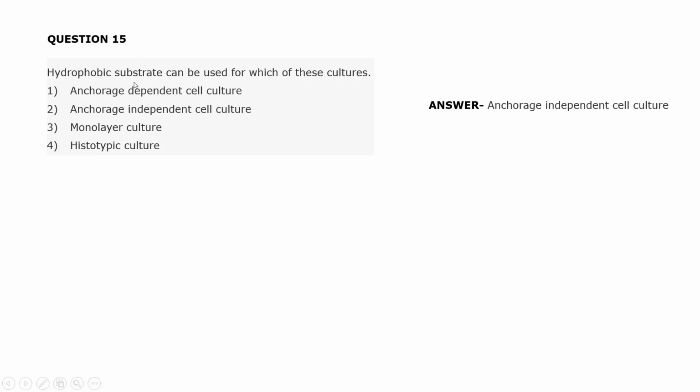Basically, anchorage dependent cell cultures are those cultures of cells that proliferate or divide in the presence of an extracellular matrix. In a cell culture, there will be different extracellular matrices like collagen, poly-L lysine, poly-L arginine. These provide an extracellular coating at the surface, and these are hydrophilic in nature.